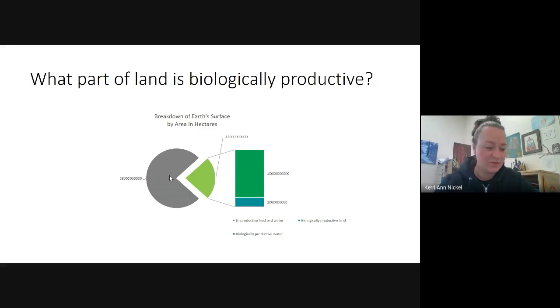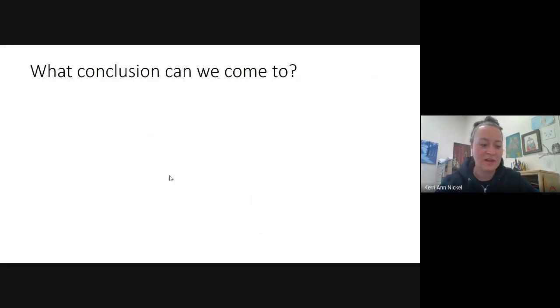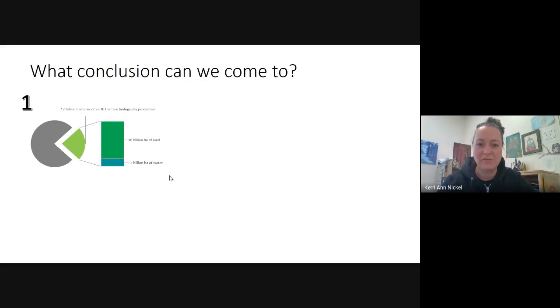So, according to Tim Turner, there are three facts and one inescapable conclusion that we kind of have to come to. If we look at this information again, remember that about 12 billion hectares of earth are biologically productive. So, even though there's about 51 billion hectares on Earth's surface, we can only really get the resources we need from about 12 billion of those.